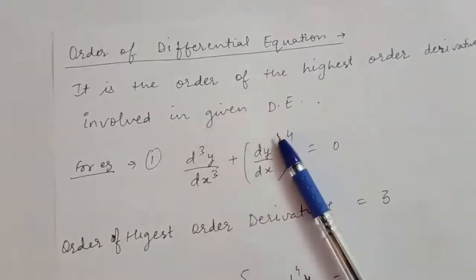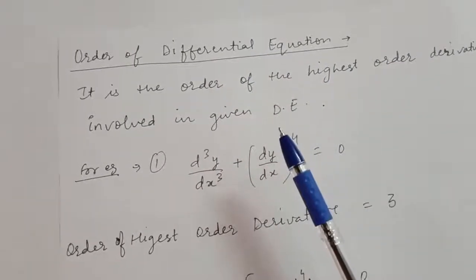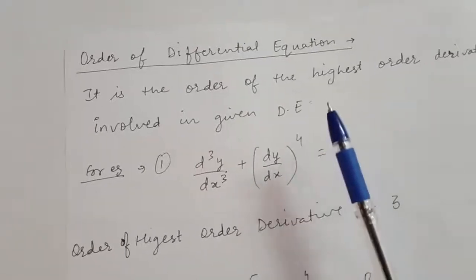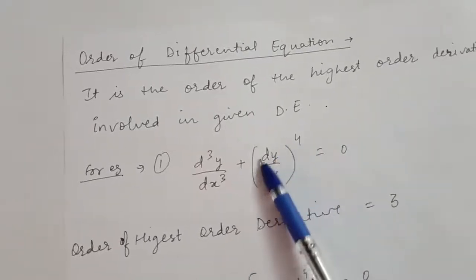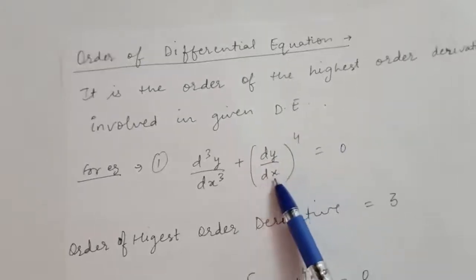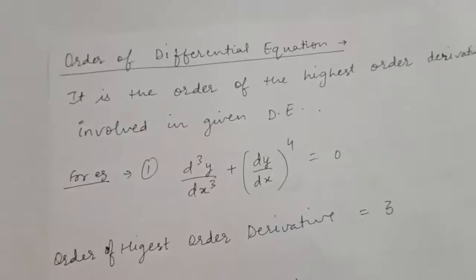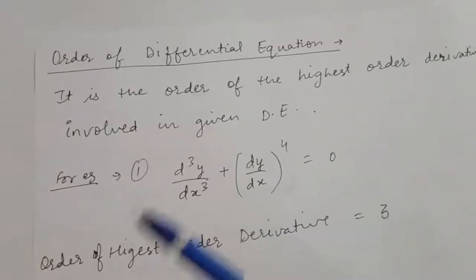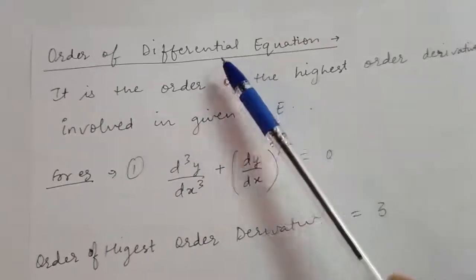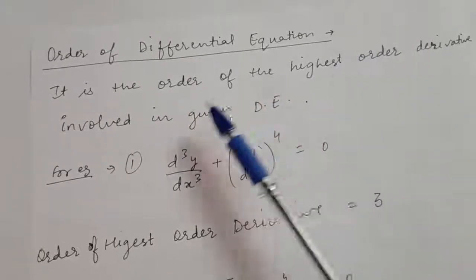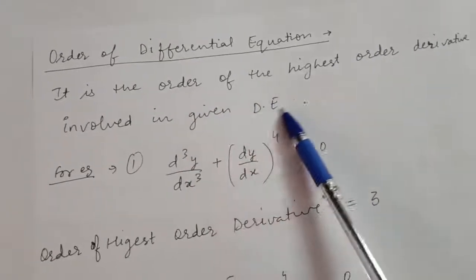In that equation, the derivatives involved can be of order 1, can be of order 2, like this is the derivative of first order, this is the derivative of third order, right? So order of the differential equation is order of the highest order derivative involved in the given differential equation.